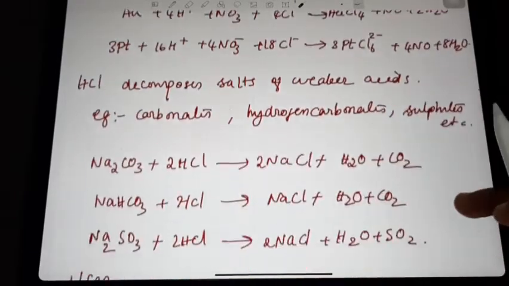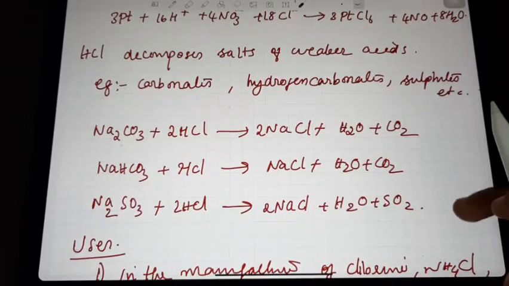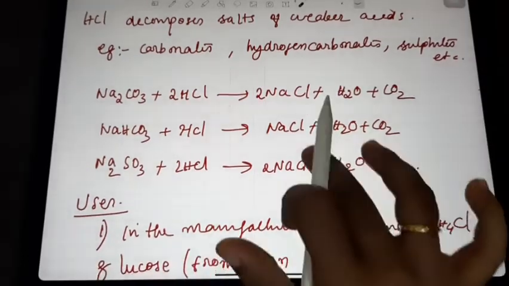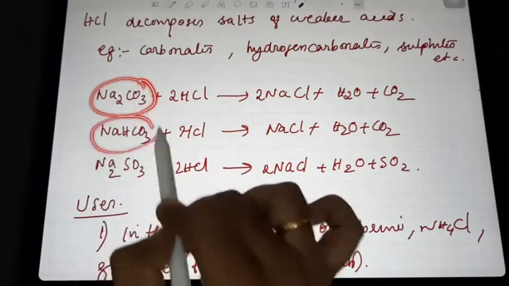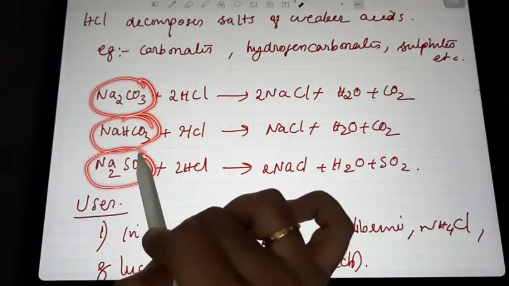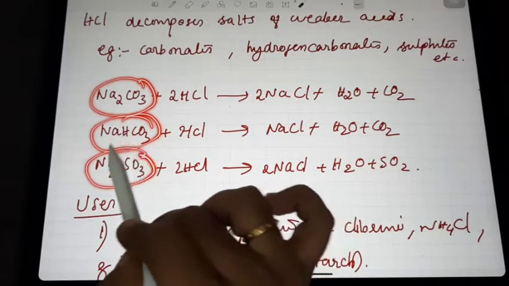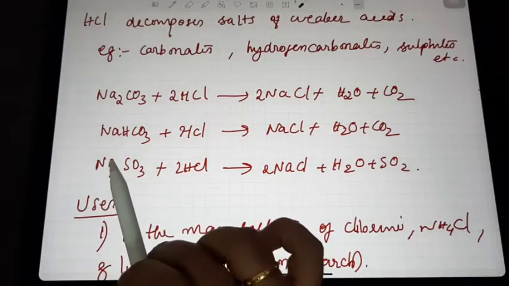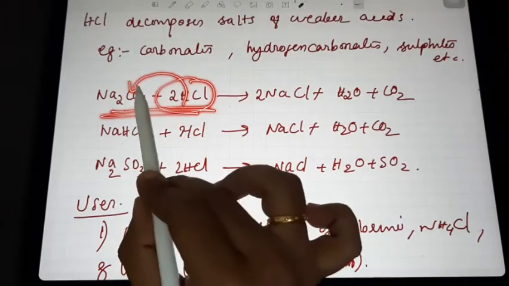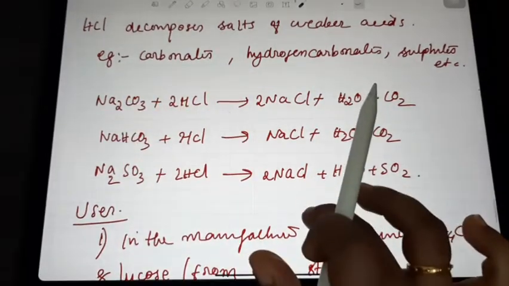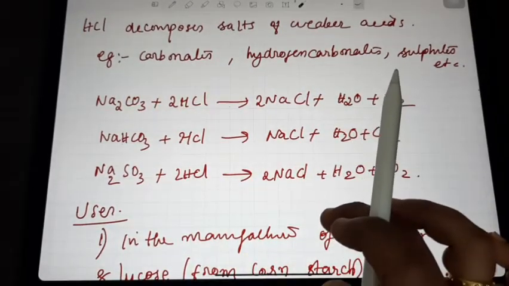Next chemical reaction of HCl: it decomposes the salts of weaker acids, Na2CO3, NaHSO3, Na2SO3. These are said to be salts of weaker acids. HCl is a strong acid, so when it reacts with these weaker salts, they can be decomposed.